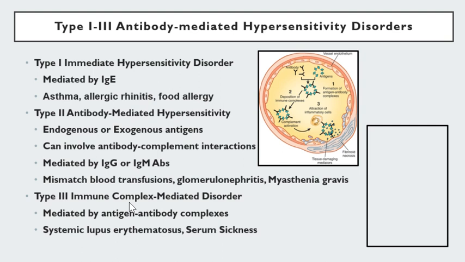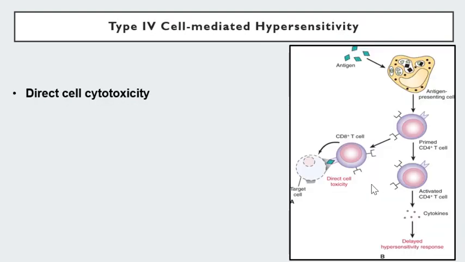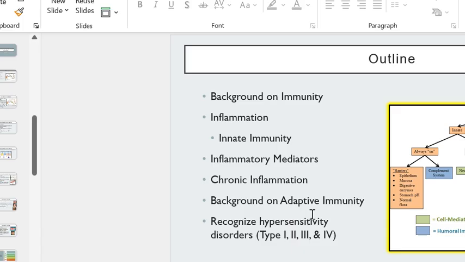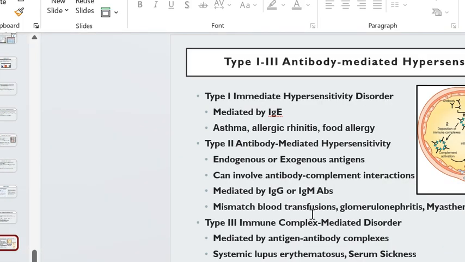There are also type 3 immune complex mediated disorders, mediated by antibody antigen complexes. These are things like serum sickness, where your blood is agglutinating. Antibody Fc receptors.